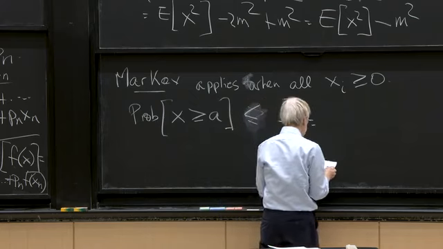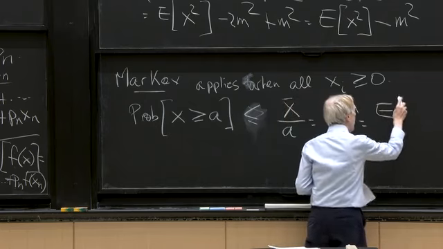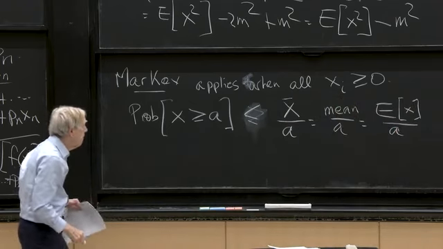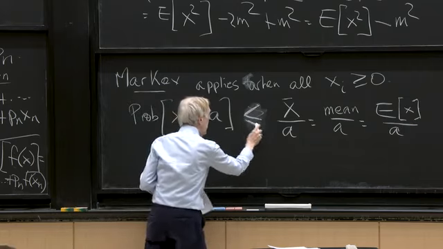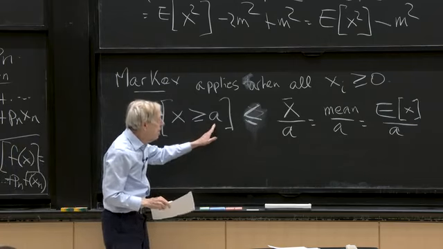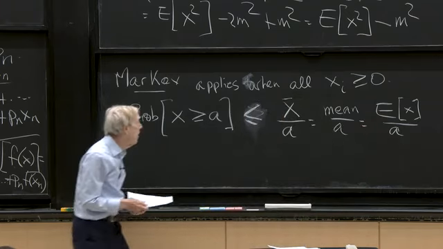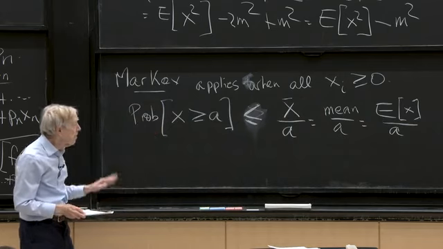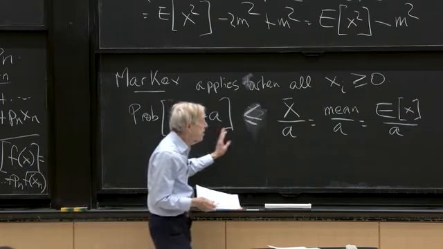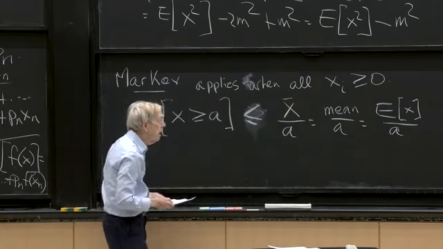This is the mean over a, or it's the expected value of x over a. We could see any of those notations. And as we expect, as a increases, this number goes down, the probability of exceeding a goes down. So that's a pretty simple estimate to get this probability just in terms of the number a, which has to come in because it's part of the question, and the mean.